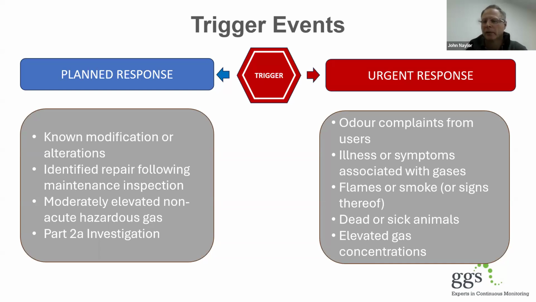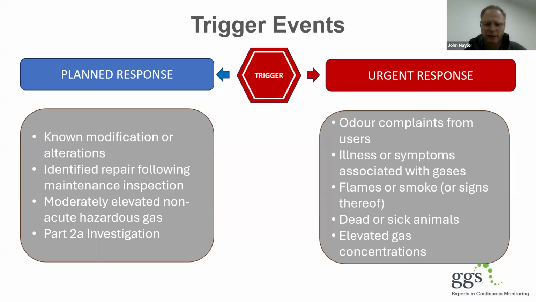Illness or symptoms associated with gases. Chronic exposure to CO2 can make a lot of people sleepy, very tired. Have they seen unusual flames or smoke from cracks in the ground? That's happened in the past. Are there lots of dead and sick animals lying about, which we don't know the cause of?